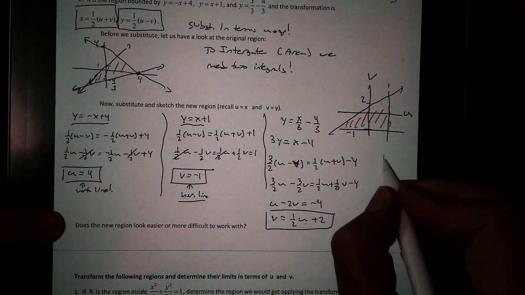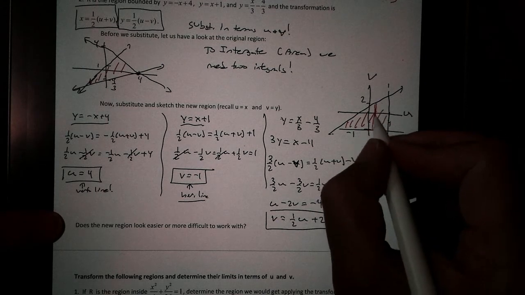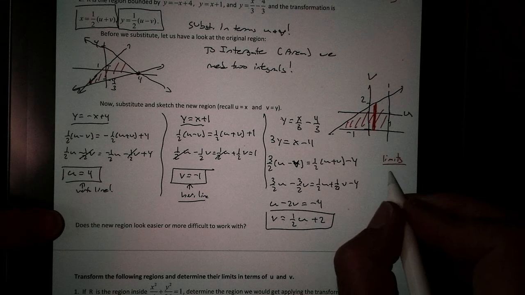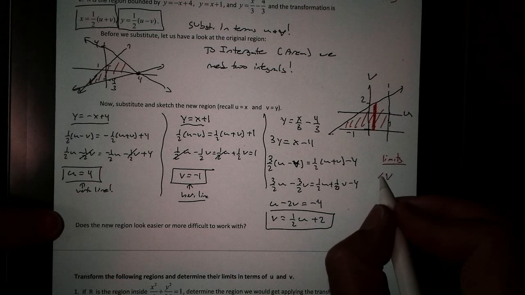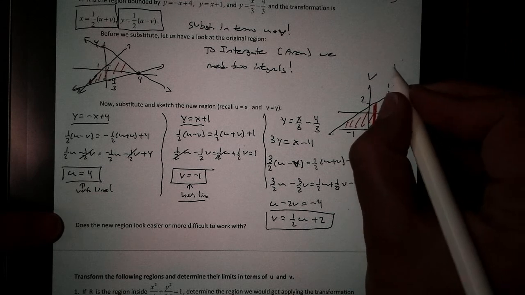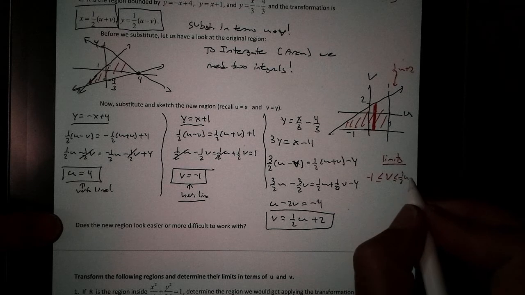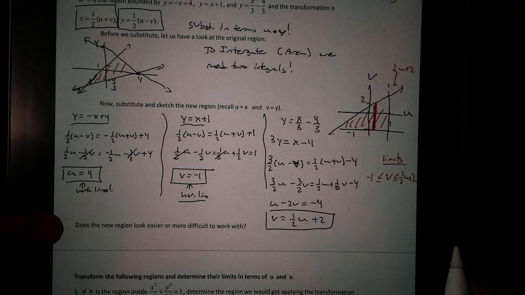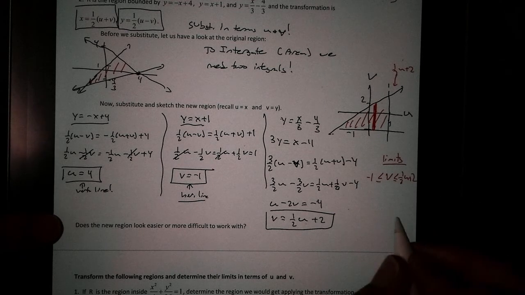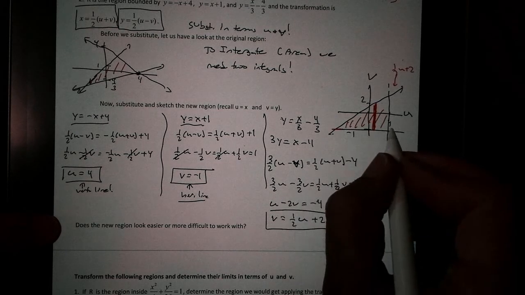So if I want to find my limits now, if I go with a vertical rectangle here, my v starts at negative 1 and just goes to the line, which is 1/2 u plus 2. So up to 1/2 u plus 2. My u's, therefore, would go from, well, I have to find out where they meet here.